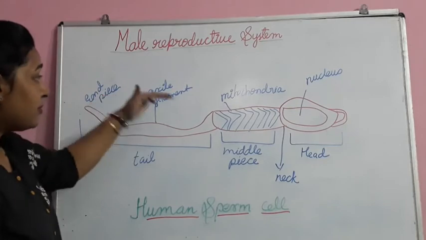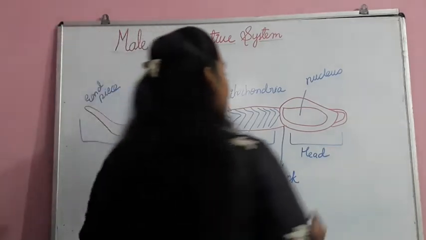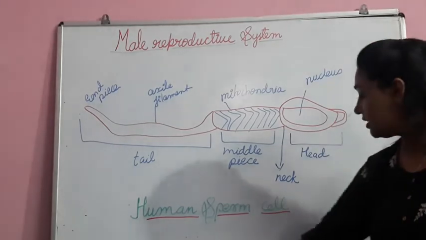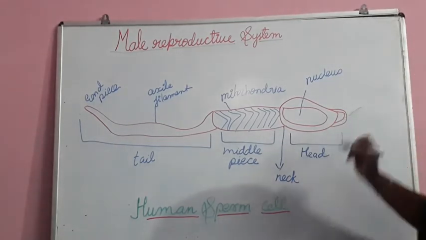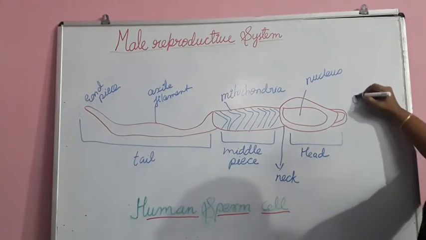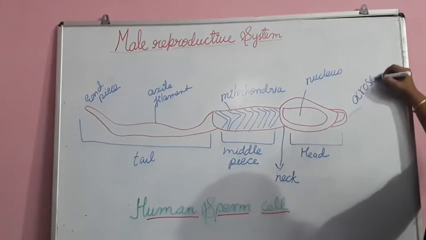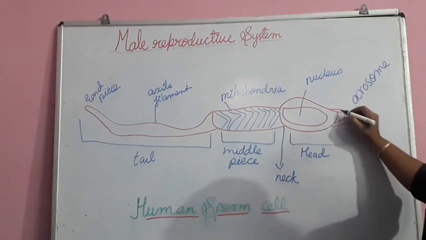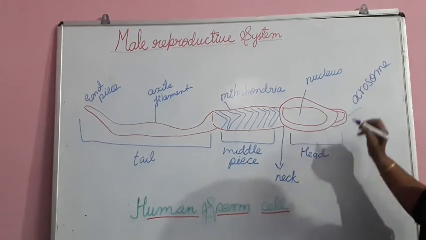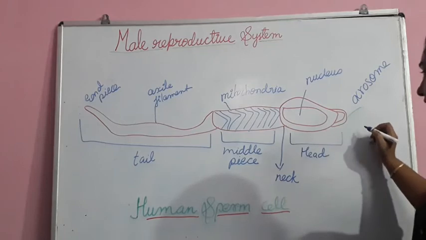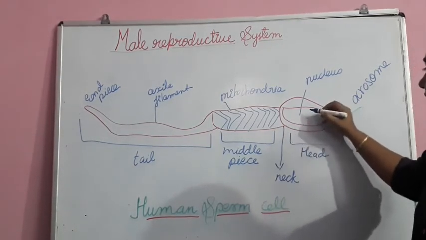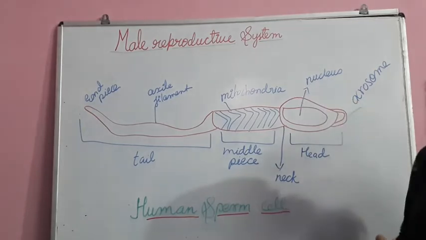Now this sperm cell has a head, and at this head you can see a cap-like structure. This is called the acrosome. It is a cap-like structure which is present at the sperm cell's head. Inside this head region there is a nucleus.